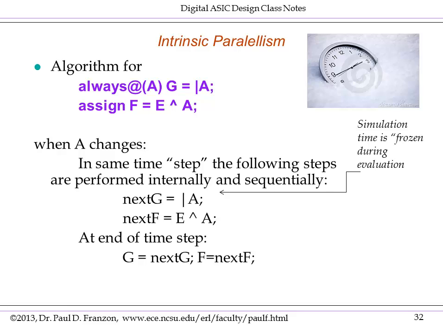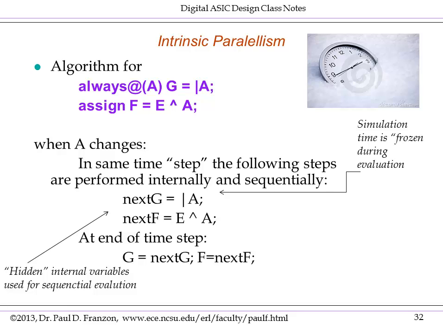In order to work that out, without seeing the variables change on the screen, it basically uses hidden internal variables to sequentially evaluate what they will be, and they might even change during that evaluation, but you'll end up with a final answer once you've evaluated all the underlying code that supports the always at and assign at the top. You'll end up with a final answer at the end of this period.